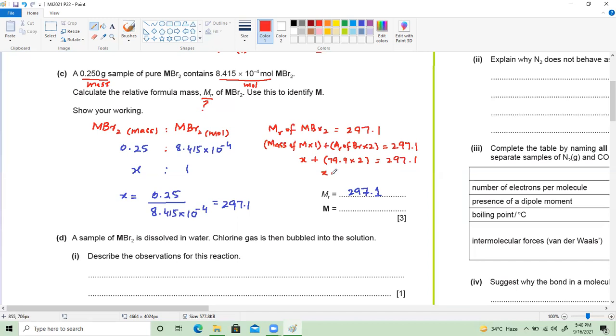So X will turn out to be 297.1 minus 159.8. You have a calculator?